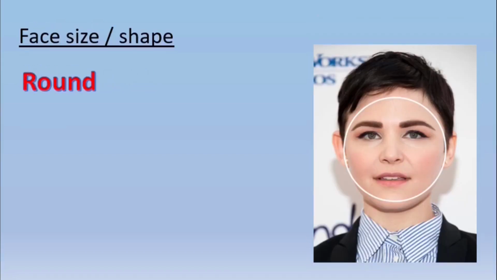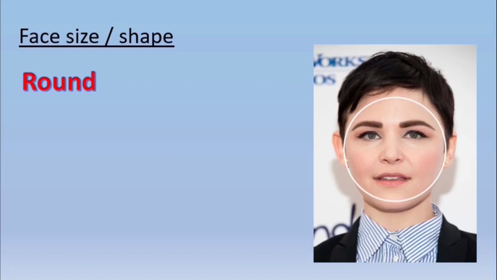After describing hair, face size and shape should be described. It doesn't always have to be, but sometimes it's very prominent and noticeable. So, describe face size and shape after describing hair. Her face is round.